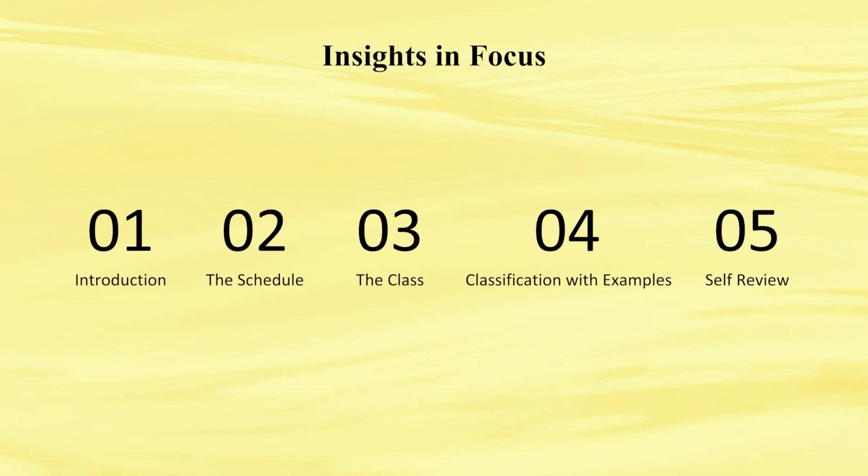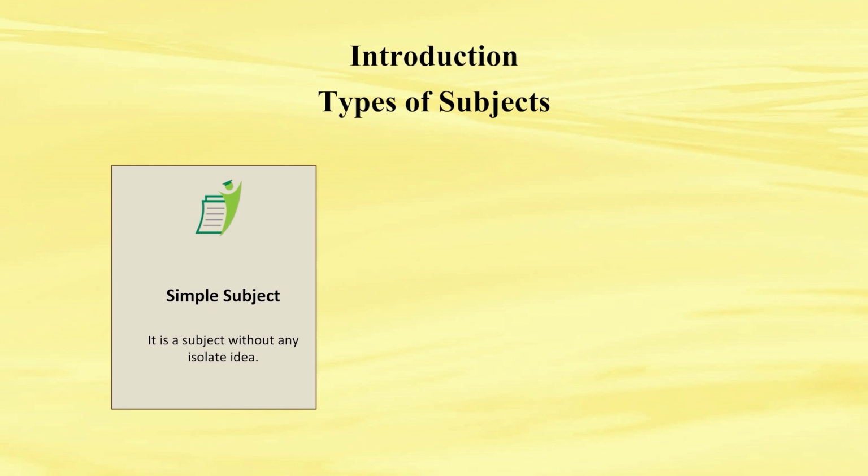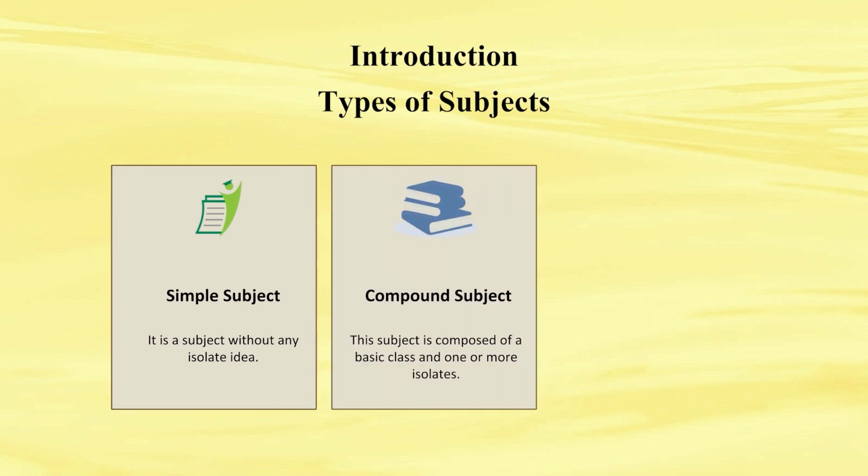So, the subject is what a document embodies. You know that there are 3 types of subject. One is simple subject, which is the main subject or the main class without any isolate idea, as for example Christianity, chemistry, physics, etc. Second one is compound subject.